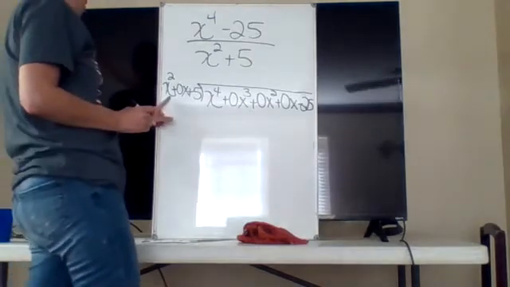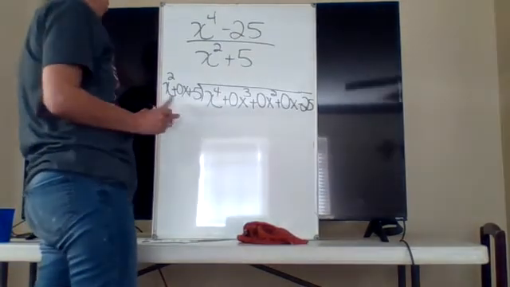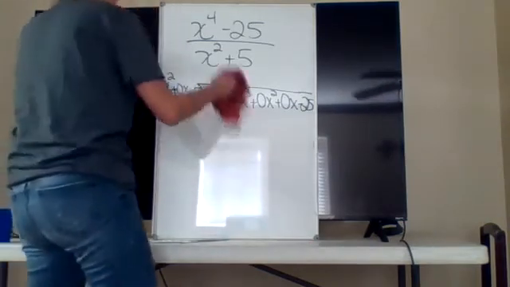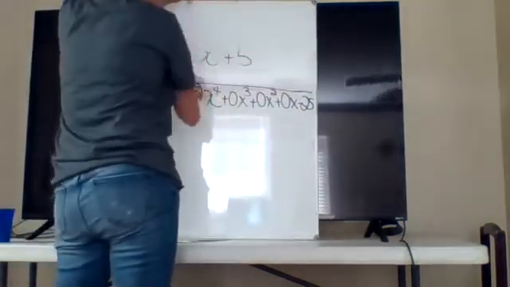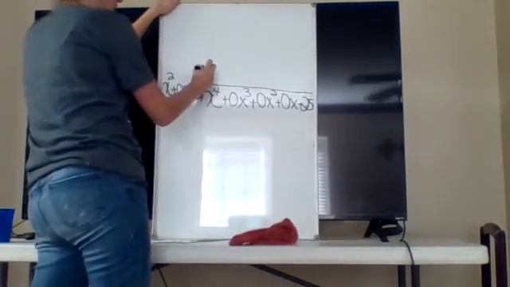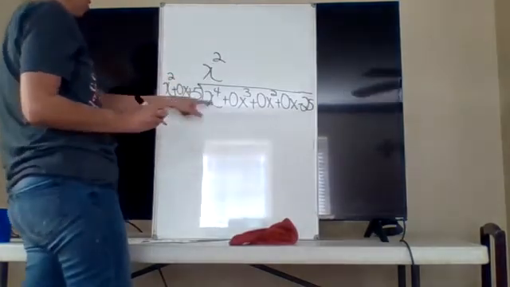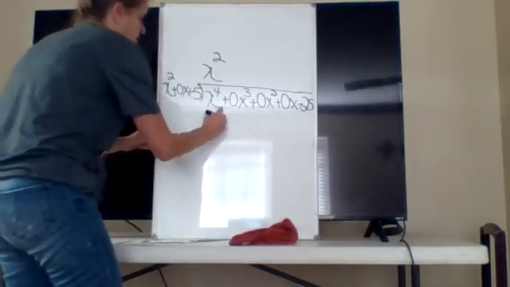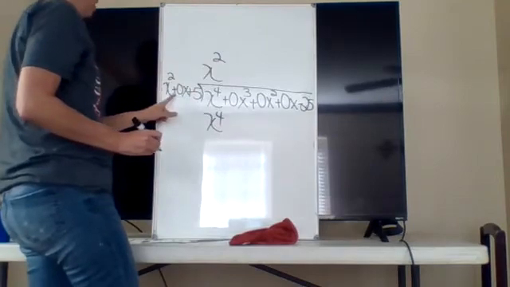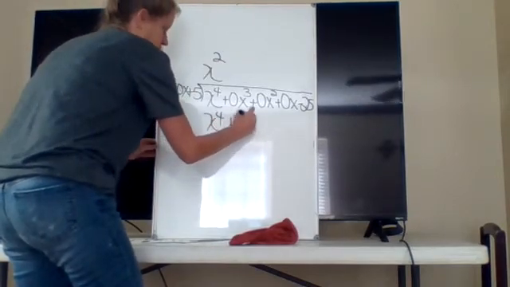So let's see. Here I've got x squared times what to give me x to the 4th? Well, x squared, I'm going to erase this so I don't get it all bunched up. X squared times x squared, right? I need x squared times x squared to get x to the 4th. X squared times 0x is 0x to the 3rd.